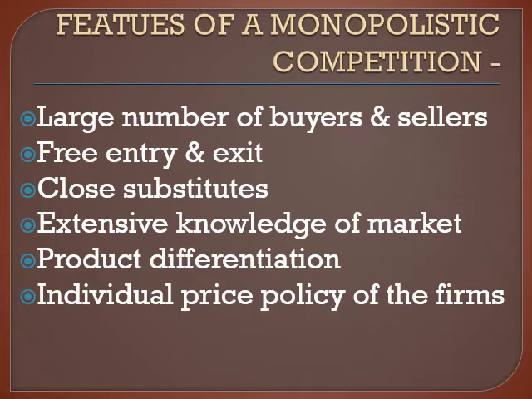In terms of their features, their quality is going to be different, their color is going to be different, the brand is going to be different. So there is a product differentiation, because of which the firms have their own price policies. They set their own prices, and they have their own policies with regard to setting the prices of the commodities.